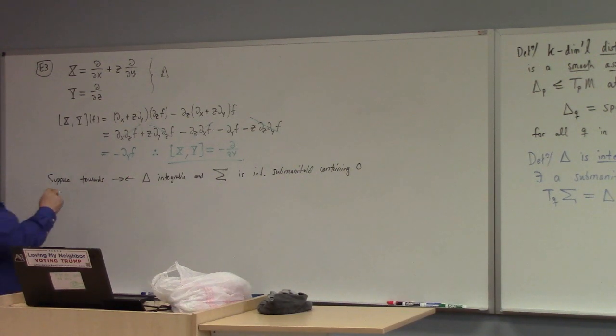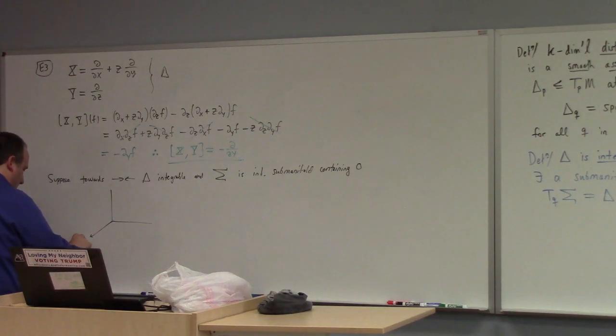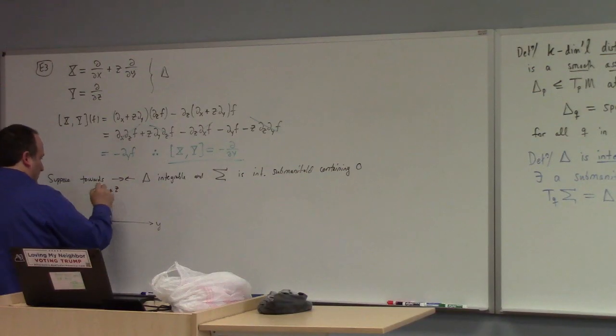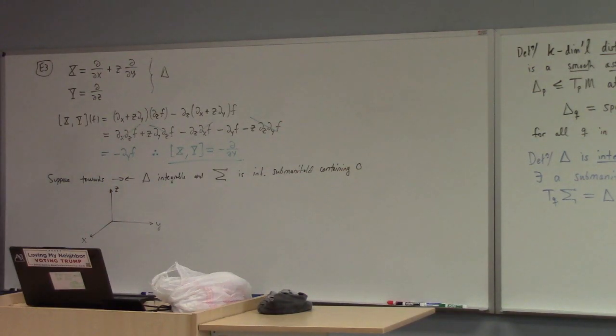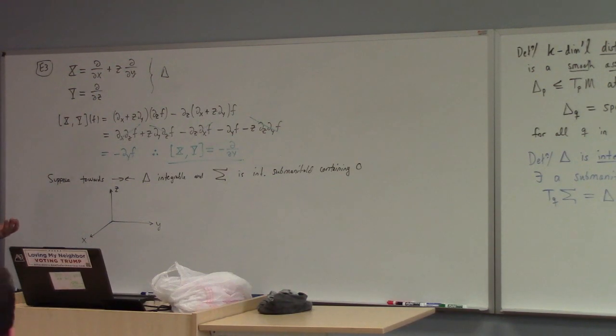So if we draw a picture, we can visualize what x and y look like at the origin, and maybe that's helpful. What does x look like at the origin? Well, z is equal to 0 there, right?